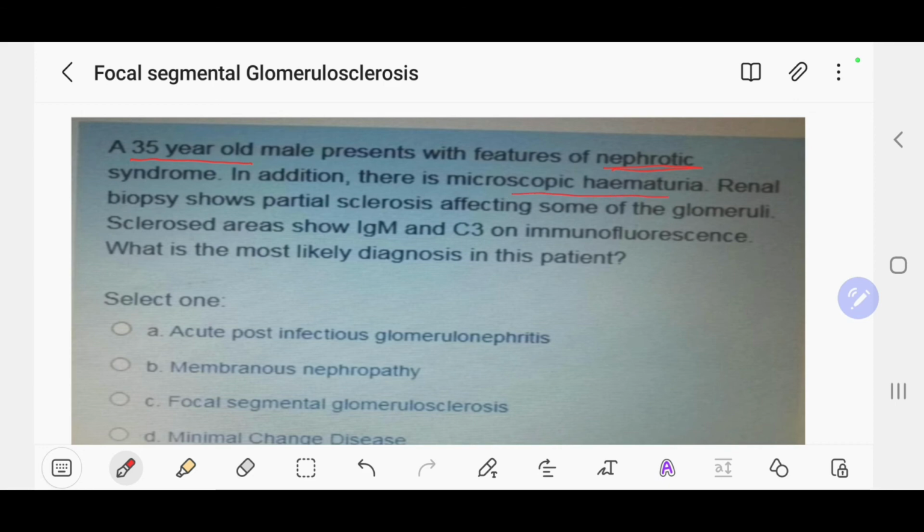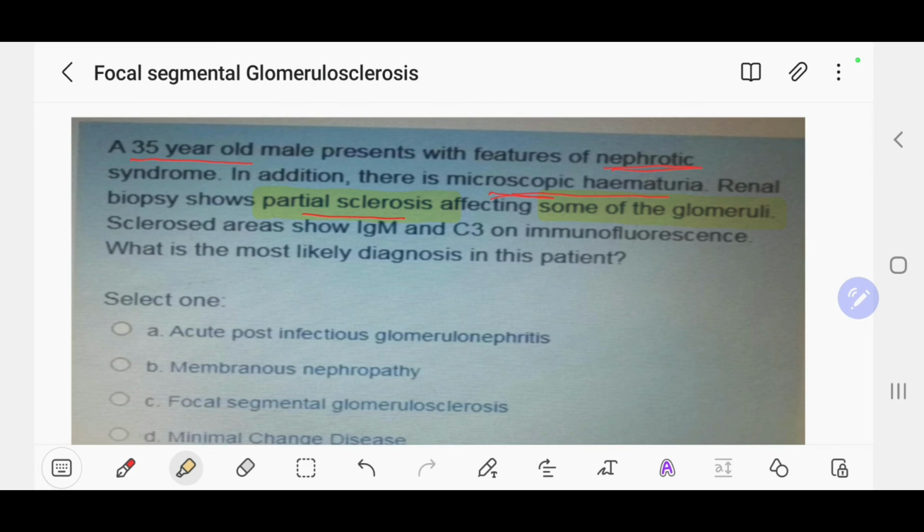Now look, actually hematuria is a characteristic of nephritic syndrome, not nephrotic syndrome, but there is microscopic hematuria. Okay, the renal biopsy showed partial sclerosis, partial sclerosis affecting some glomeruli.